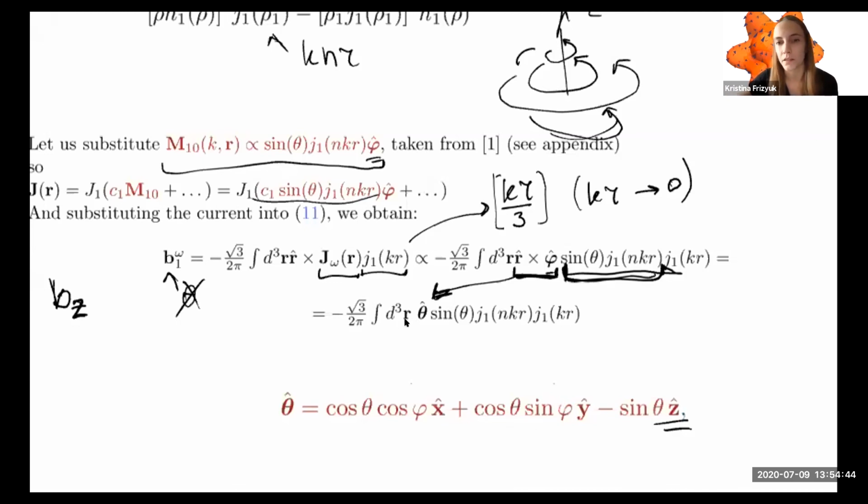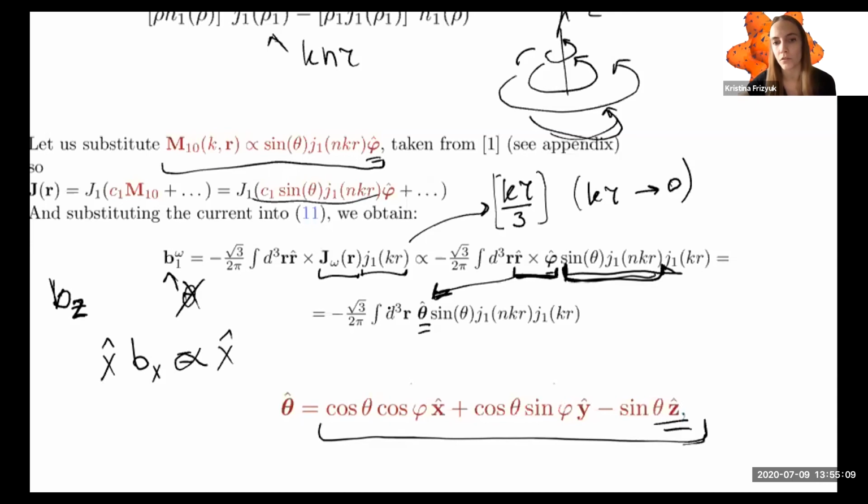So instead of theta, you can put this sum. So to obtain the x component of this vector, you need to compute the following integral. It will be proportional, because I have actually lost some constant coefficient here, but it is already written in the Matlab code. And the x component will be proportional to the following integral.